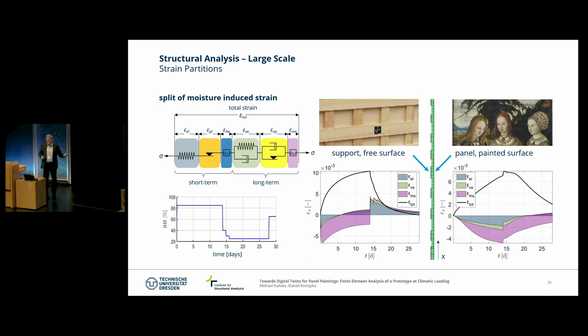The nice thing is that we do not just get the total state of deformation or the total strains at a material point, but we can identify and split up the response of the structure at the material point, even into the different contributions.